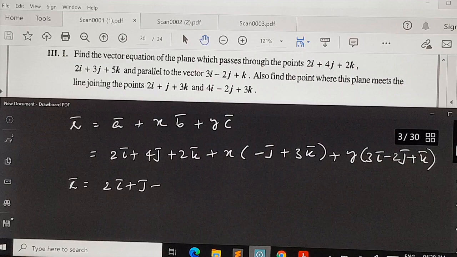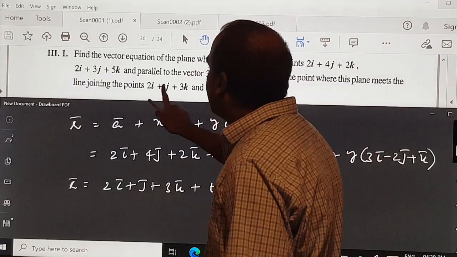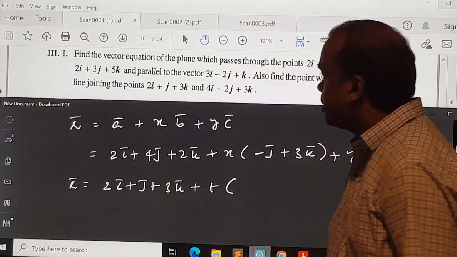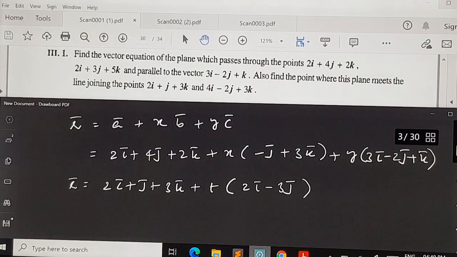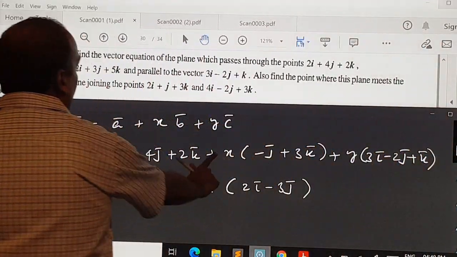That is b bar, the vector along the line. For the vector along the line, I take this minus this, point minus point, and I get that vector, which is nothing but 2i bar minus 3j bar. That's all. Now I am looking for the common point.